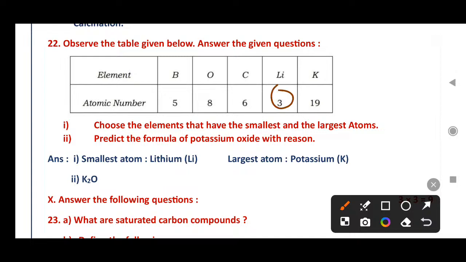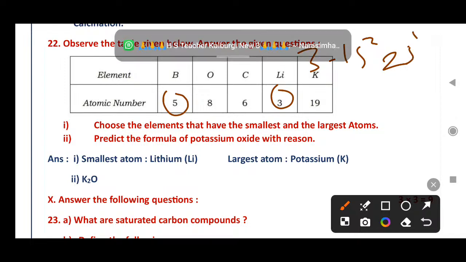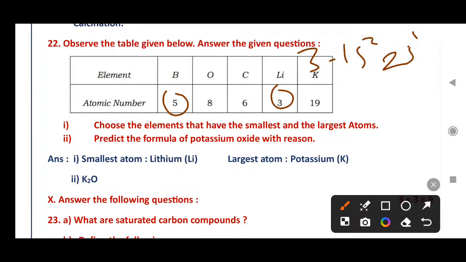Boron and lithium both come under the same period. Lithium 3, 1s2 2s1. Then boron, 1s2 2s2 2p1.